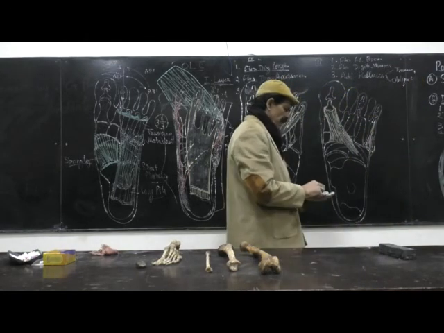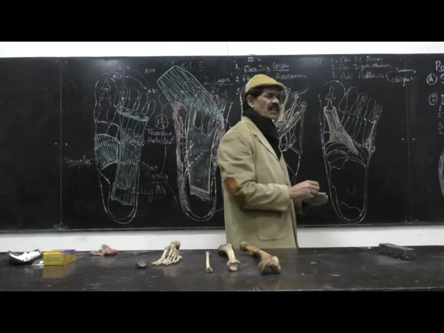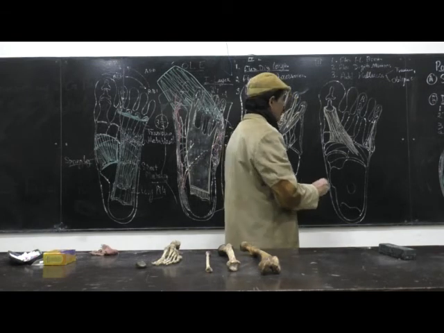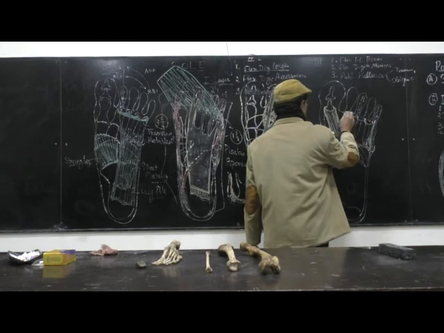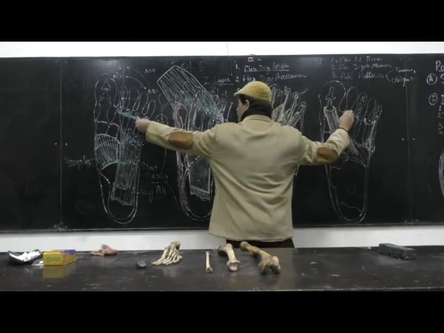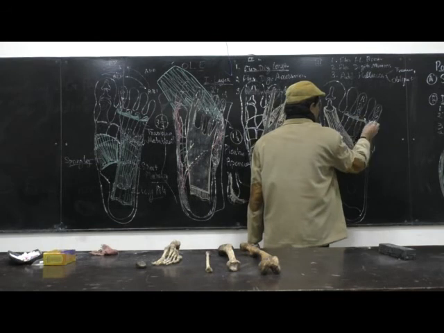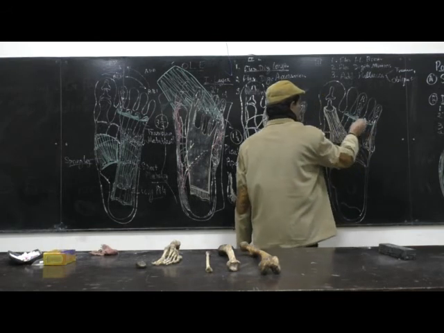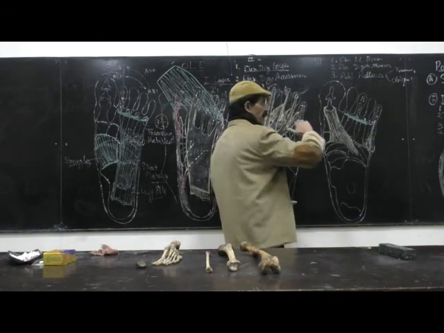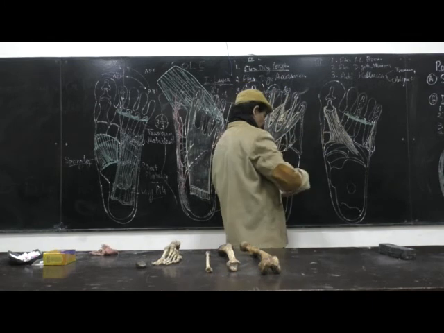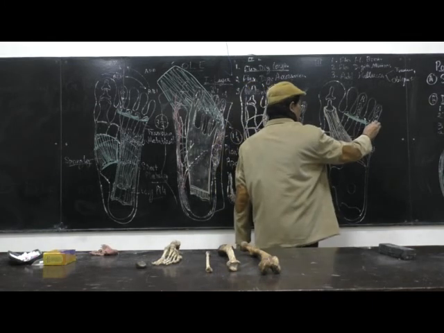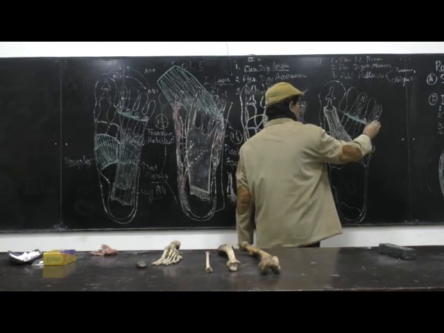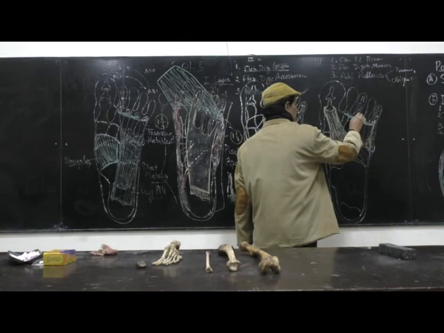The transverse head, as its name suggests, will take origin from the transverse metatarsal ligaments that we have done. Its name is transverse head, so it is a horizontal head. It will take origin from the metatarsophalangeal joints of the third, fourth and fifth toes.